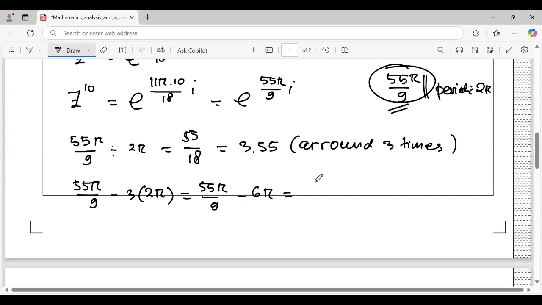Set the same denominator: 9 times 6 is 54. So we get 1 pi over 9. So Z power 10 is e power pi over 9 i.